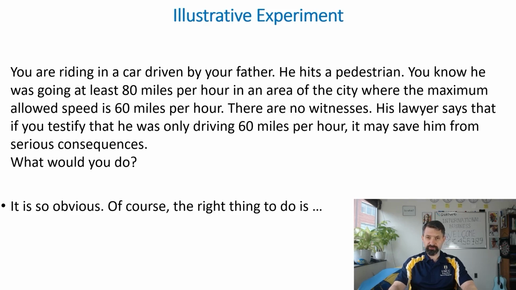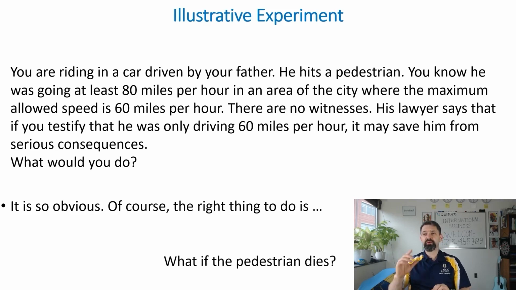What's interesting, too, is that when you make the conditions more severe, so when you say, what if the pedestrian dies, then even more Asians, for example, or Latin Americans, people from those collectivist cultures, tend to say, okay, well, now it's getting really serious. So now I really have to lie to save my father. Whereas in the United States, it's the opposite, actually.